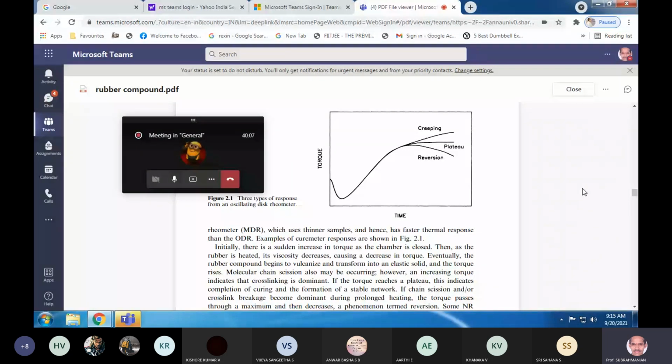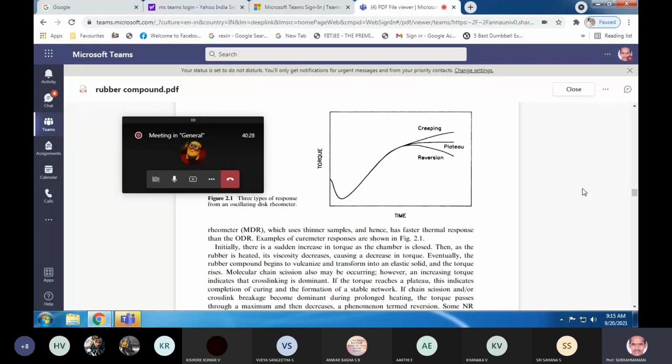Modulus is a material parameter, and product geometry gives you how we have distributed the volume of the rubber into the product geometry, that is the size and the shape.